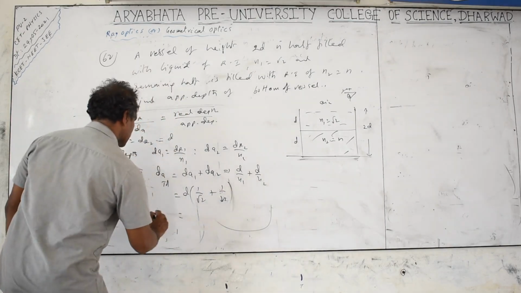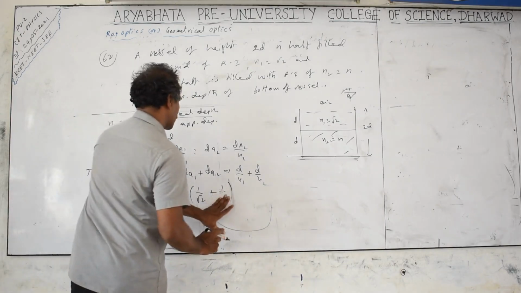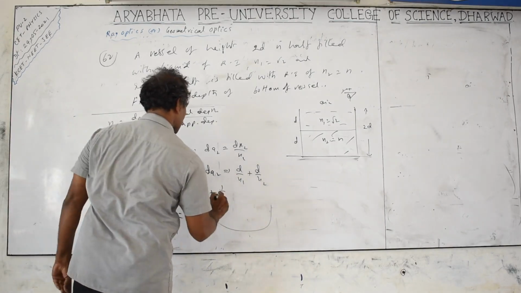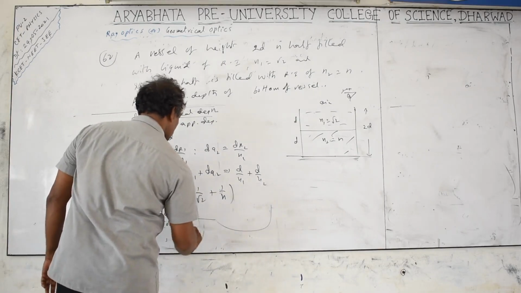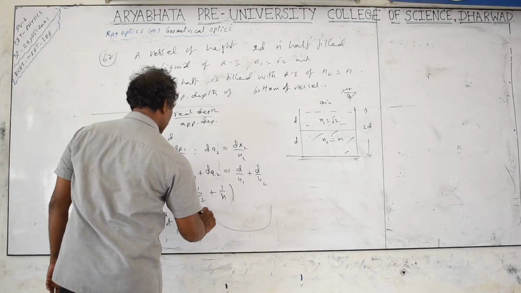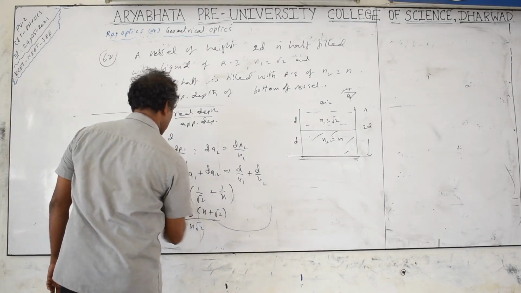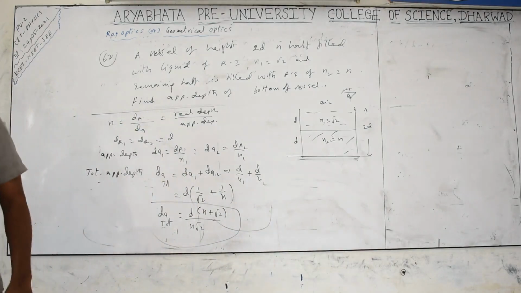Take the LCM, so d apparent total is equal to d times (n plus root 2) over (root 2 n). This is the total apparent depth. This is an important problem for all exams.